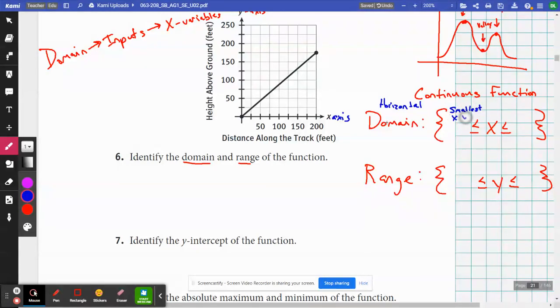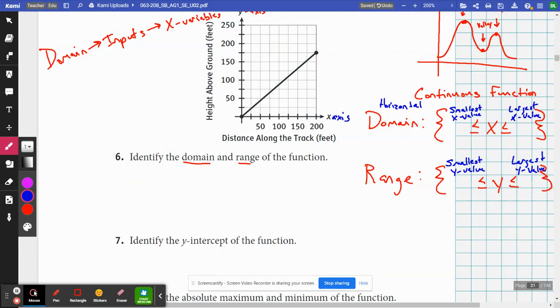smallest x value to our largest x value. And the same is true here. What is our smallest y value on the graph, and what is our largest y value?